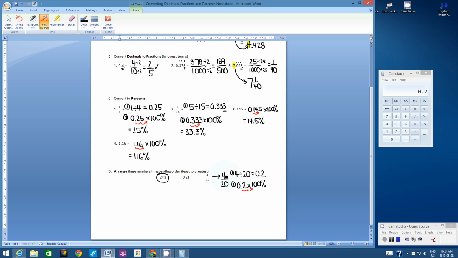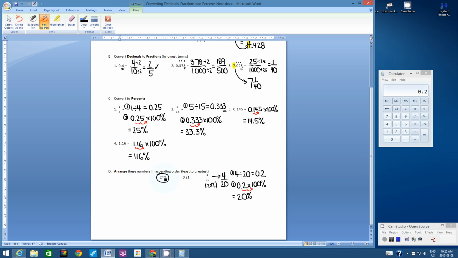In this case, we get 20% because the decimal moved from here 1 place, 2 places. We can't just leave this place value column empty. We have to have a placeholder of 0. So we've got 20%.